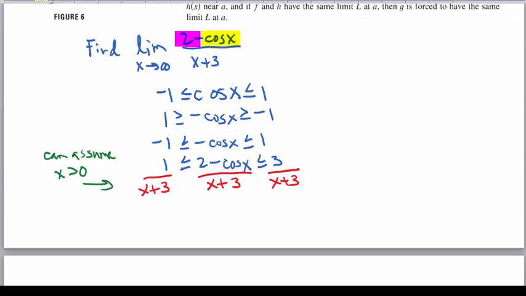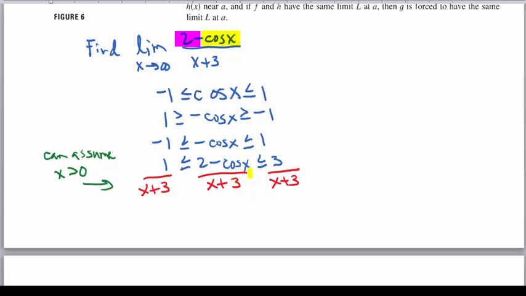And again, why can we assume x is greater than 0? Because we're taking the limit as x goes to infinity. So, really big numbers are definitely bigger than 0. So what do we now have? We now have the function 2 minus cosine of x over x plus 3 sandwiched between 1 over x plus 3 and 3 over x plus 3.